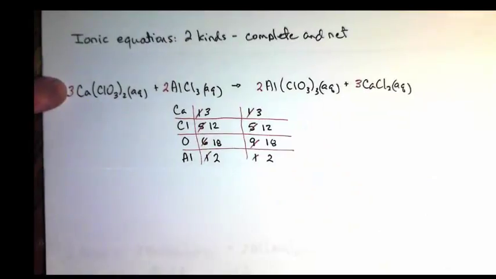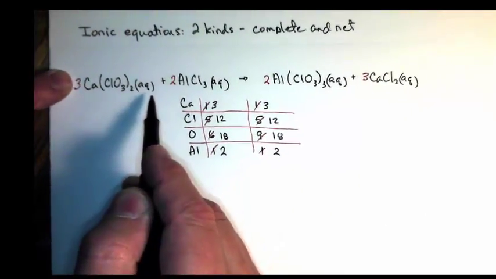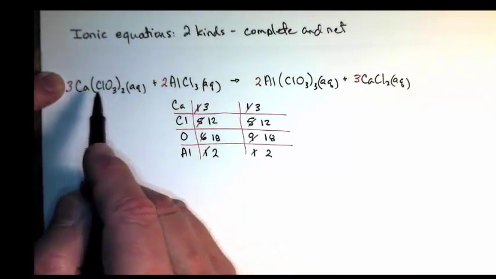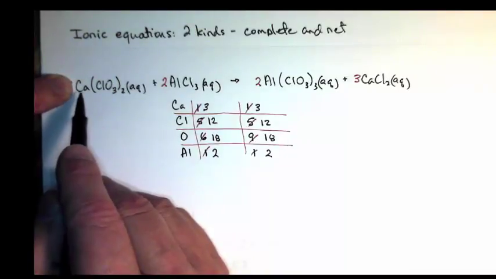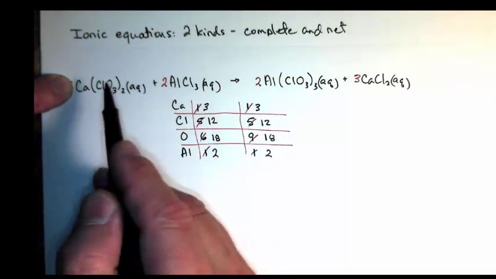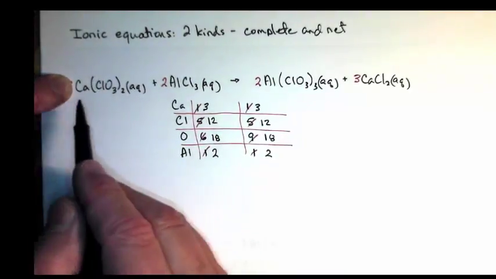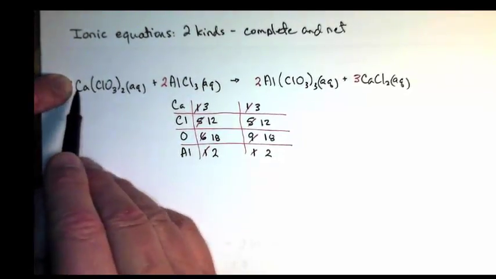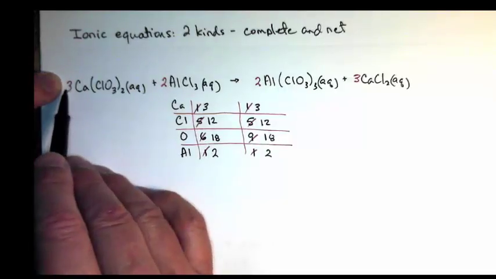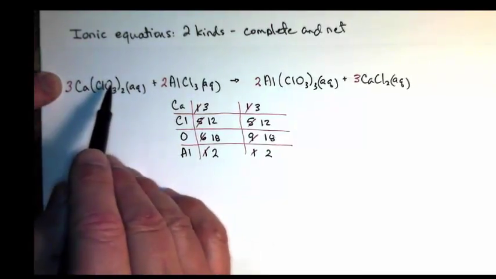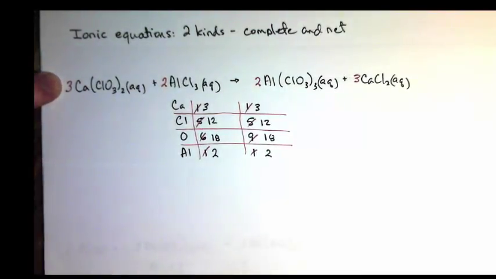So in this case here, this is an aqueous ionic compound. This ionic compound has 1 calcium ion. We know it's ionic, by the way, just to remind you, because we have a polyatomic ion. We've got a calcium with a 2+ charge, but there are 3 of these formula units. So how many calcium ions actually are represented in this equation? 3.